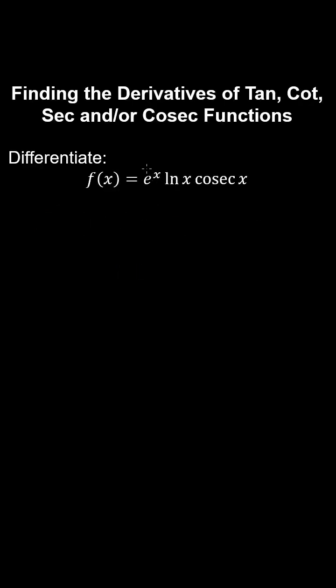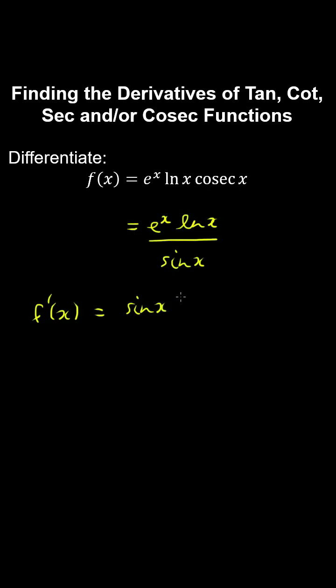Let's evaluate the derivative of the product of three functions. Now we can use either trig identities and the quotient rule, because cosec x is 1 on sine x, or we can apply the product rule. So let's just do the quotient rule in this problem. So we have low d high, so we use the product rule to evaluate the derivative of the function in the numerator.